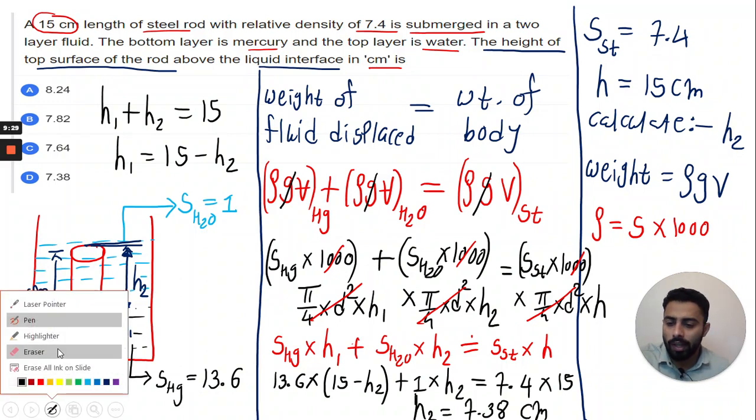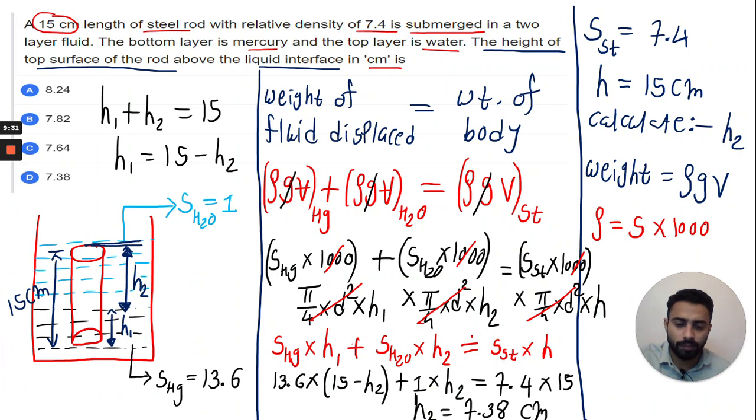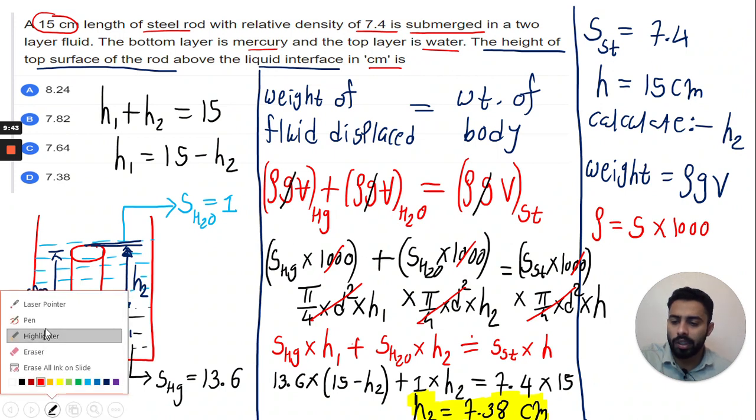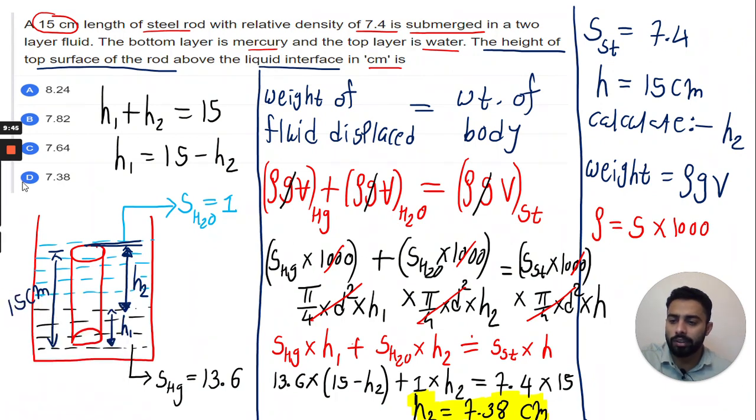This is the final answer to this question. We need to calculate the height of cylinder above the interface, that is H2, which is 7.38 centimeter. And if you go to the options, option D will be the correct answer, which is 7.38 centimeter.